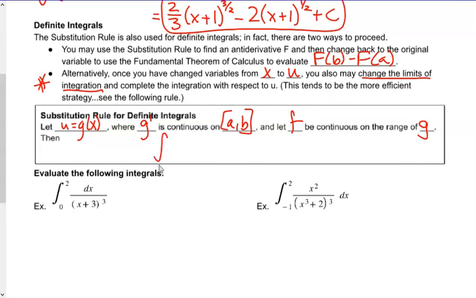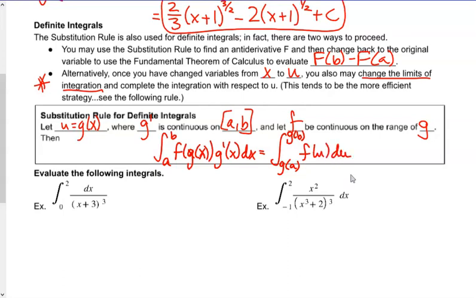Then the integral from a to b of f of g of x times g prime of x dx, so this is incorporating that chain rule type thing, is equal to the integral from g of a to g of b of f of u du.